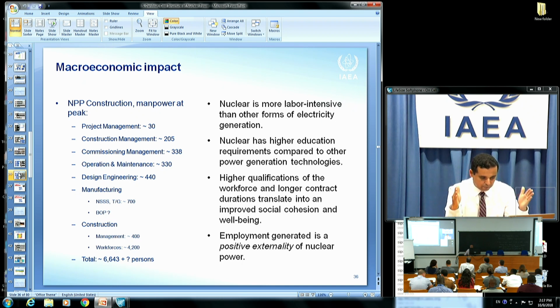And this highly qualified employment in big numbers and over long periods of time is a form of positive externality of nuclear power. So on the left-hand side, I'm just putting some numbers to describe the number of people working on a reactor construction site. I think in the UK we have something like 3,000, but it can go up to 6,000 workers working on the reactor site.